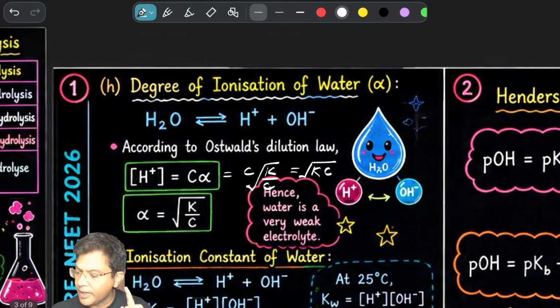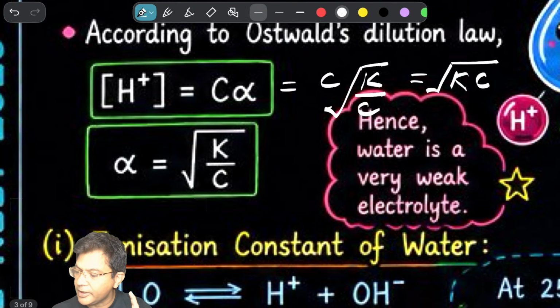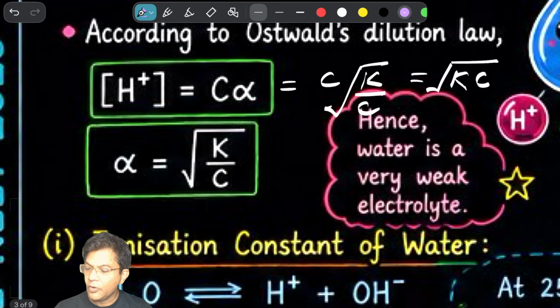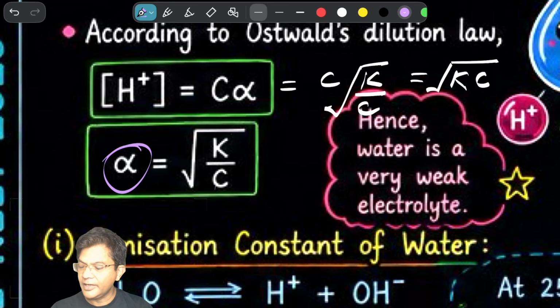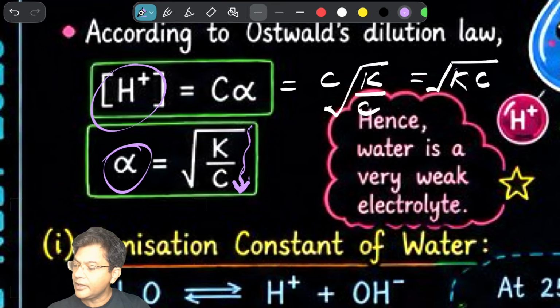So remember one point very clearly, my dear students. If you are talking about alpha, then K by C is in which line? Standing line. And if you are talking about the H plus concentration, then KC is in the sleeping line.